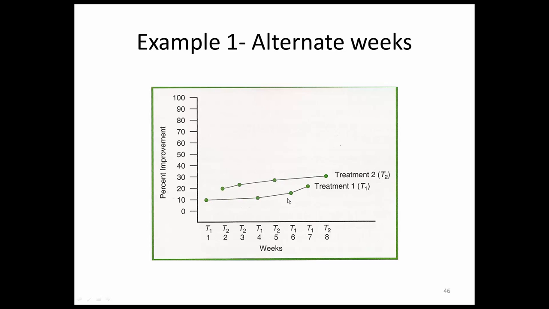And as you see, the graph shows that consistently treatment 2 is working better than treatment 1. So assuming that the treatments are independent, that's a very good alternative for the regular AB design.